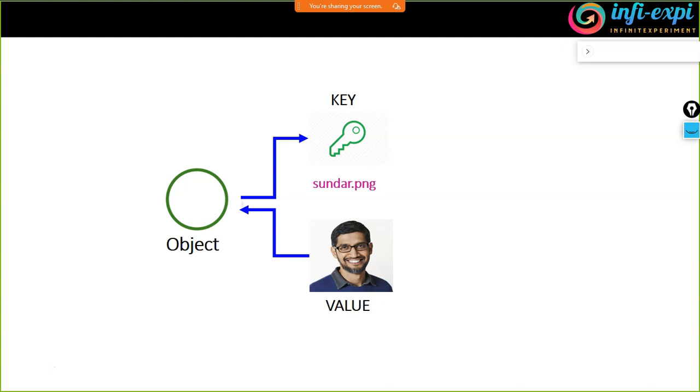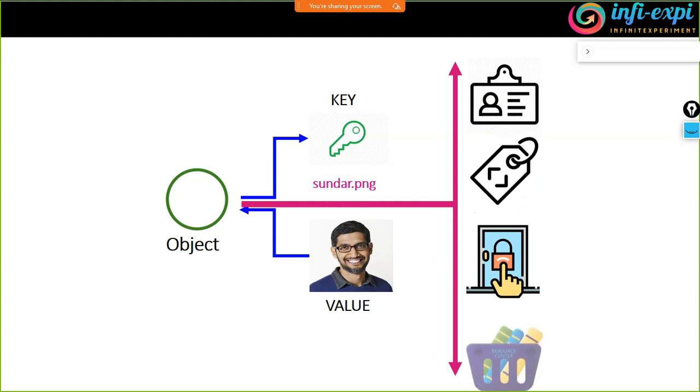Now, along with this, it also has some metadata information. We have a version identity for the particular object. So for every object, you can maintain a version. Why we need a version, we will discuss in more detail later, but I'm giving you a quick overview.